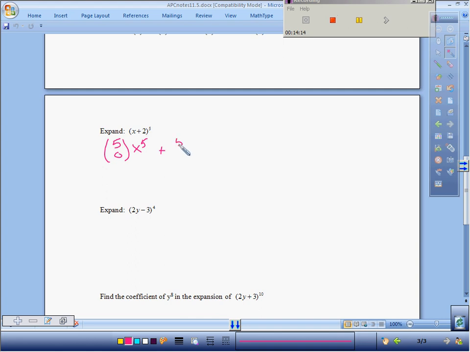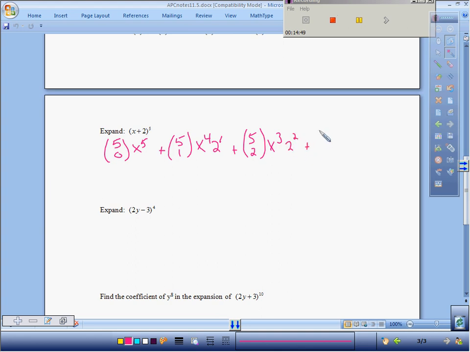So then you go 5 combination 1 times x to the 4th, 2 to the 1st. And what always has to be true is these two exponents have to add up to the degree of the polynomial. So in this case they always have to add up to 5. And then this is 5 combination 2, and the x goes down by 1 and this goes up, 2 squared.